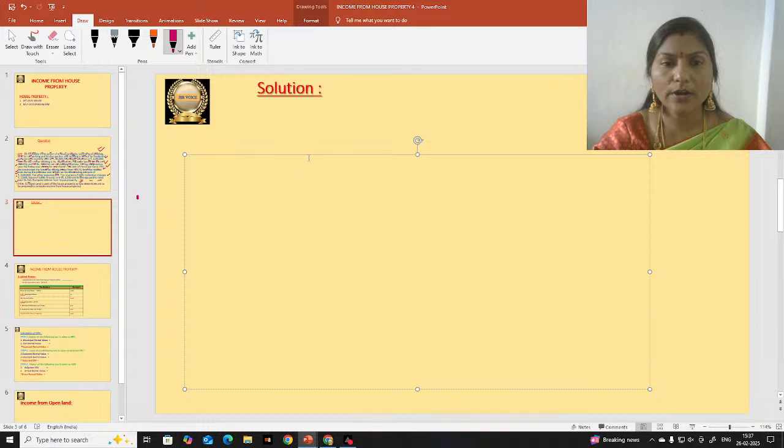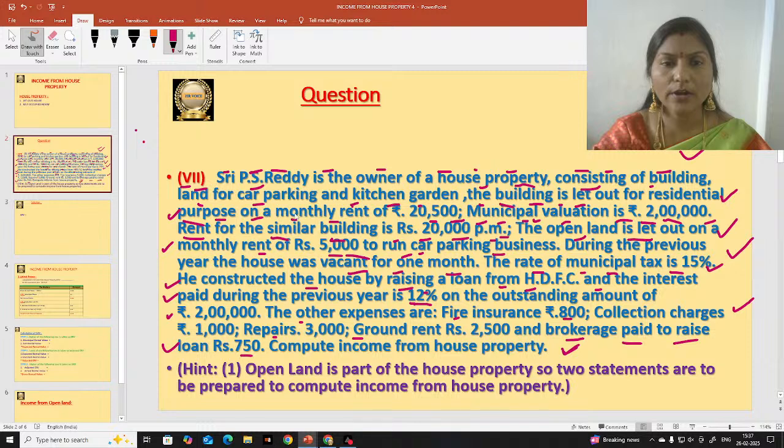Let us see ARV first. ARV means actual rental value. So how much is the actual rental value? You can see in the question. How much rent is he collecting every month? He is collecting 20,500 every month.